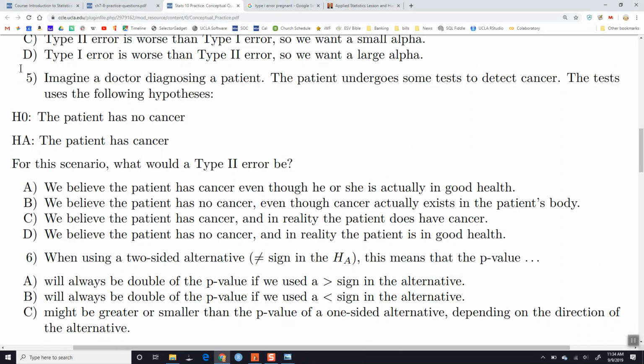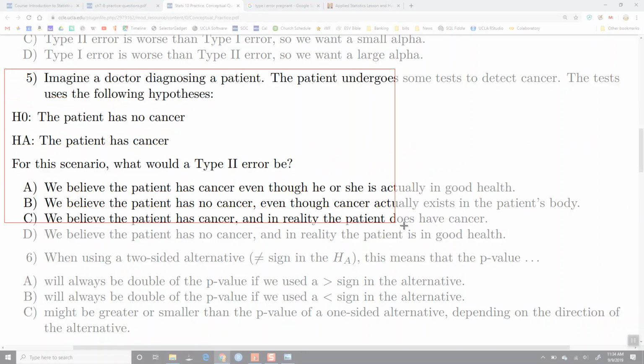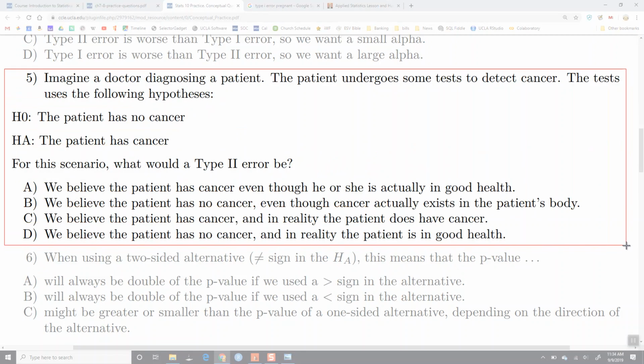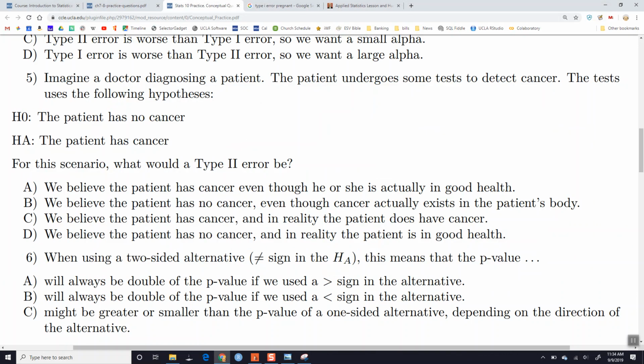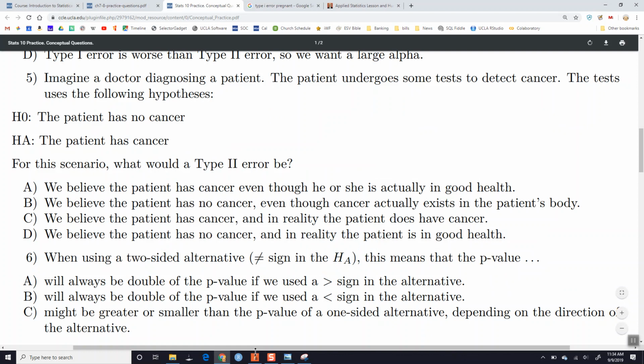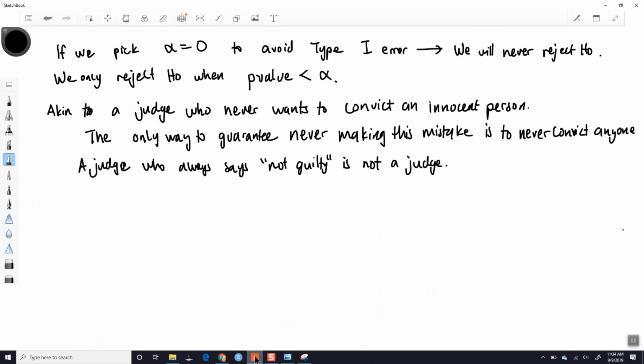So it's simply not possible. Type 1 and type 2 errors are just inherent to any place where we have to make decisions based on incomplete data, okay? And that's just all of life. It is not possible to avoid type 1 and type 2 error.